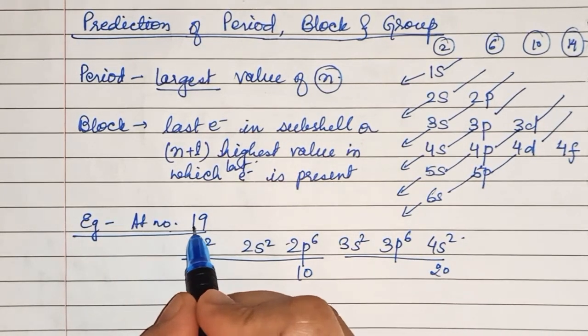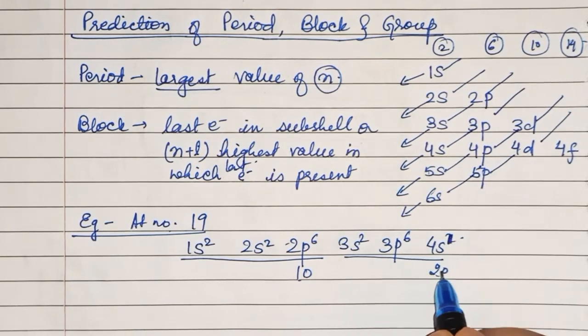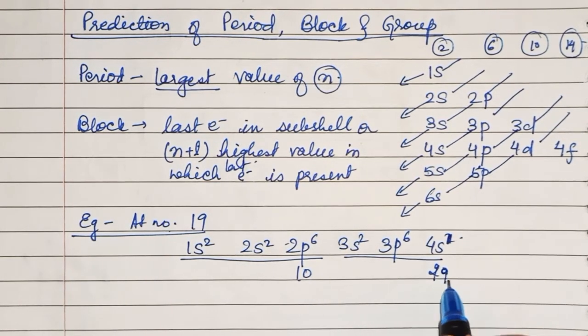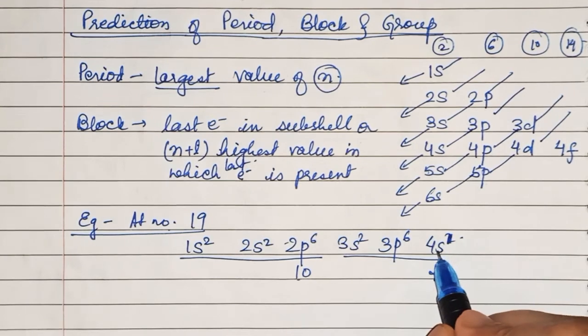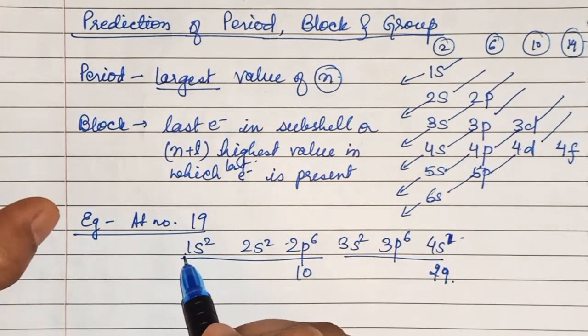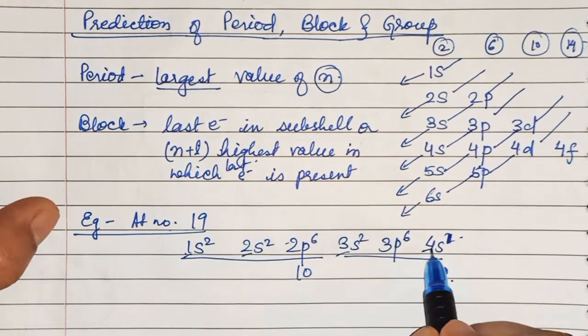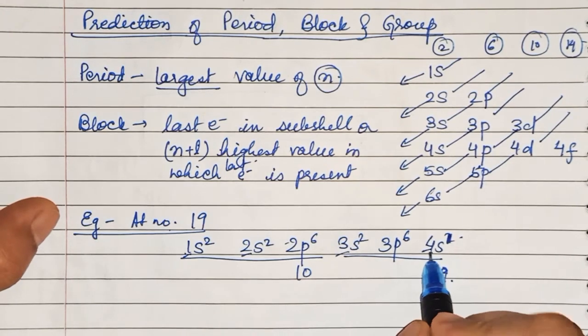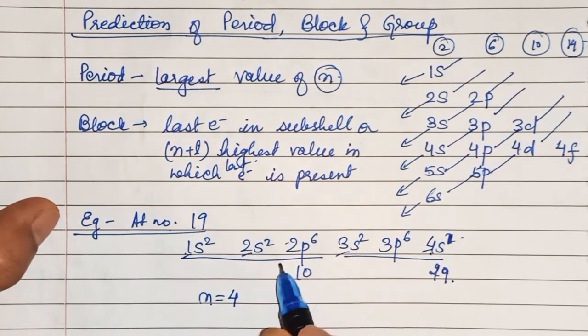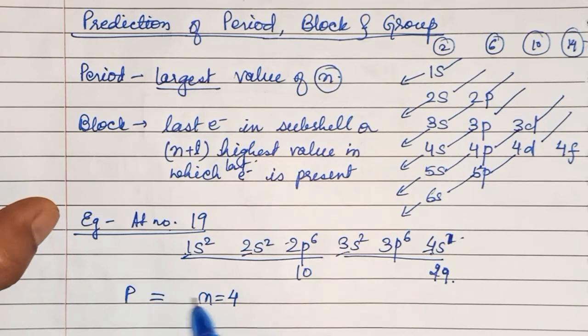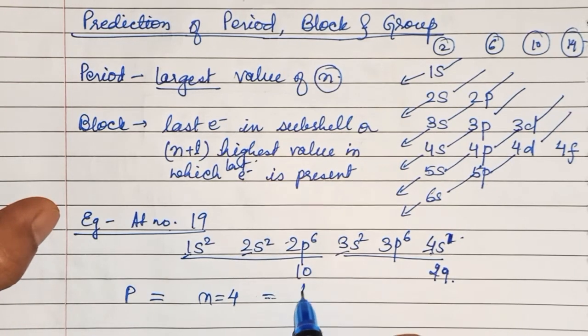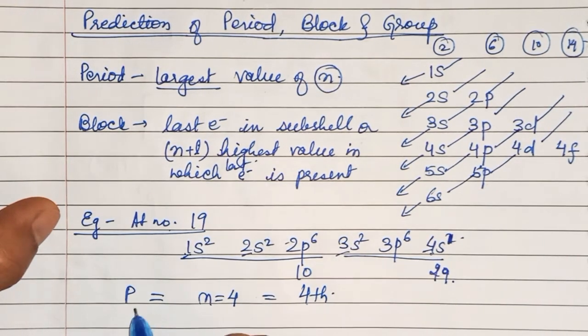We want to fill only 19. So here it will be 4s1 and this one will be 19. So you can see the largest value of n, 1, 2, 3, 4, so the largest is 4 over here. So the n value is 4. That means the period will be 4th. So you can write 4th period.